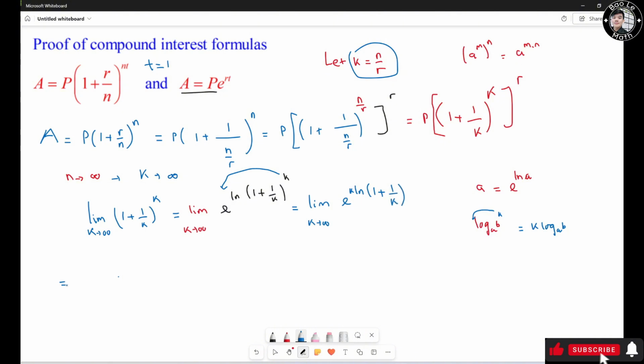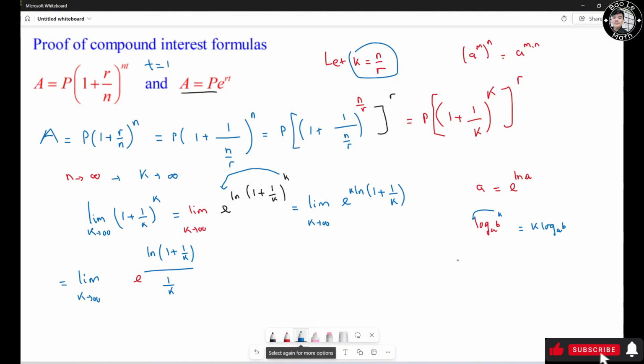This can be written as the limit as k approaches infinity of e to the power of the natural log of 1 plus 1 over k, all over 1 over k, since you can bring k to the bottom by dividing by 1 over k. Keep in mind, it's not multiplied. This is e to the power of this.